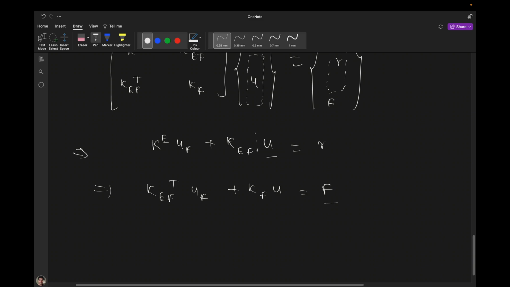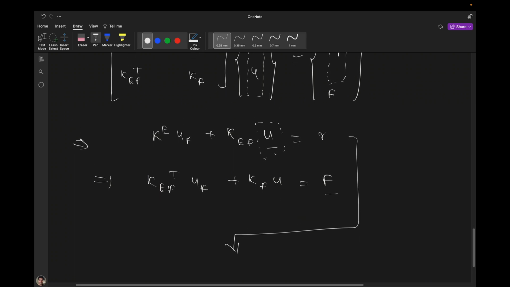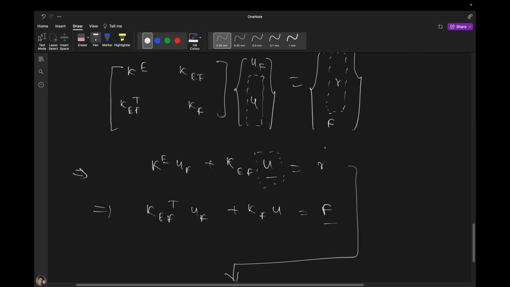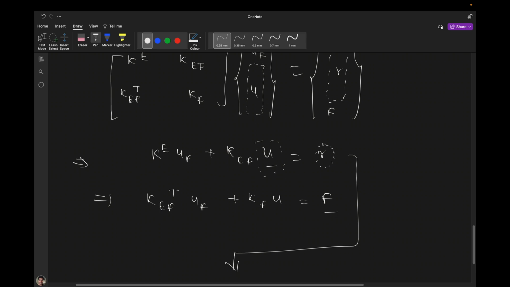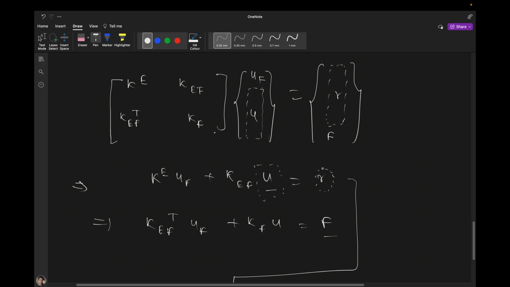So I will try to find this thing first. Sorry, in this equation I don't know this part. I made one mistake.